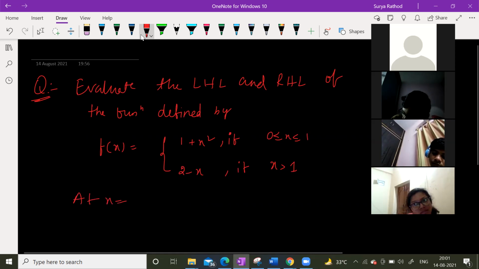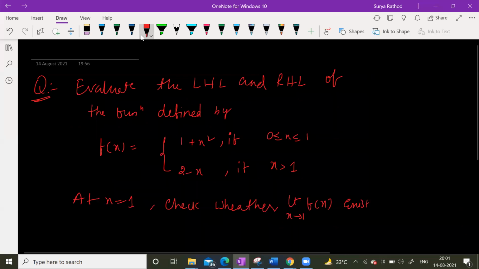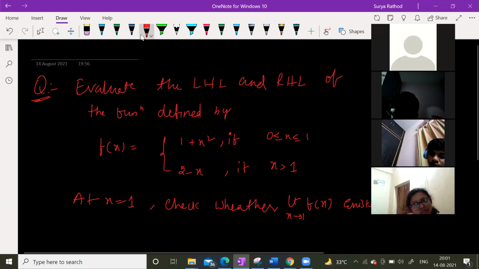So at x is equal to 1, check whether limit x tends to 1 of f of x exists or not. We have to check whether the limit exists at x is equal to 1 or not.